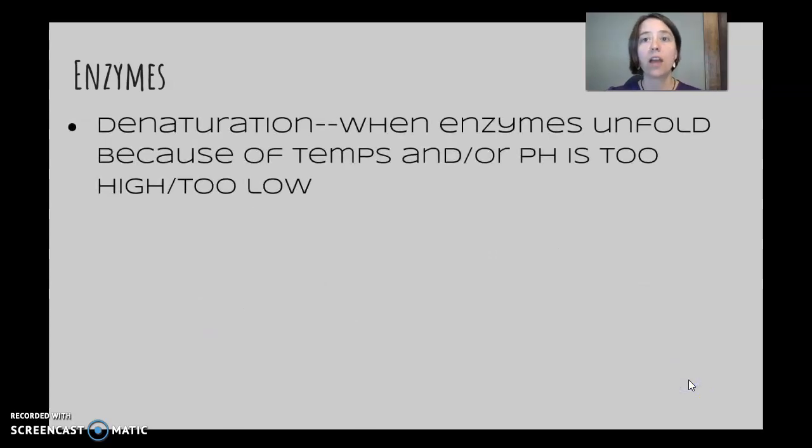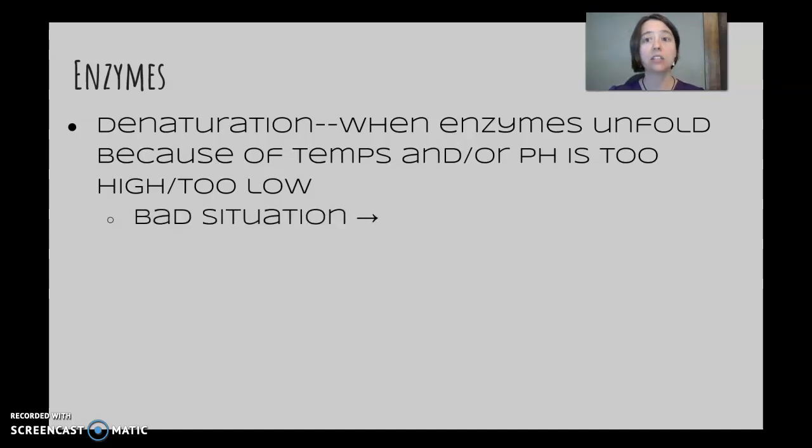So, when structure and function are the name of the game, we're really concerned about shape, and there are some times when the shape can become undone and then your enzyme can't do its job, and that's really bad. That's called denaturation, and that's when the enzyme starts to unfold because your temperature is too high or too low, or your pH is too high or too low, because the temperature and the pH affect how that protein folds.